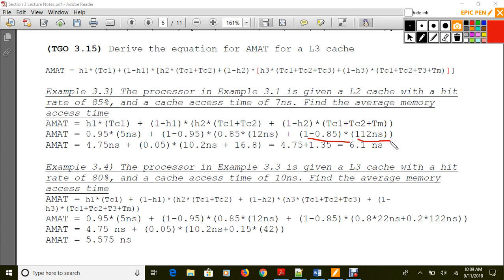So that comes out to 112. And from there, we just plug it into a calculator and it comes out to 6.1. So there we had 100 if we were only accessing memory, with one level of cache we get 10 nanoseconds, and now we have 2 levels of cache and we've got that down to 6.1. But you see the trade-off was we're starting to add more hardware.